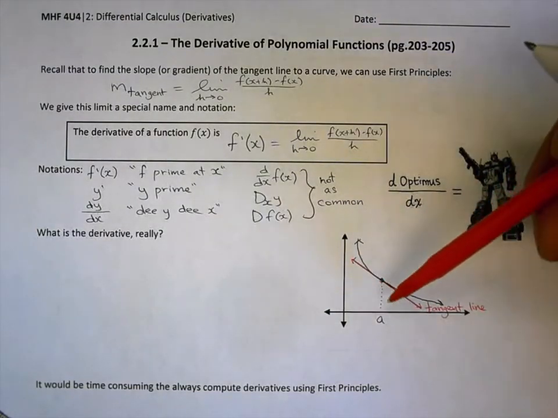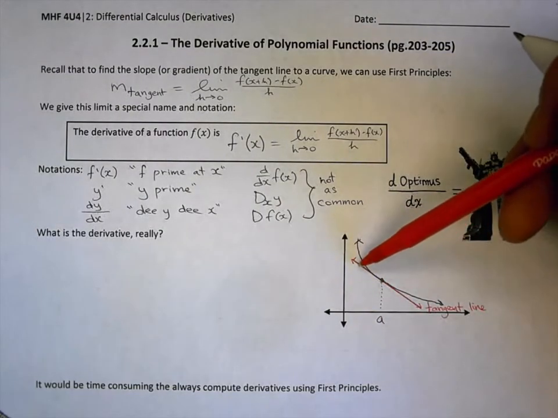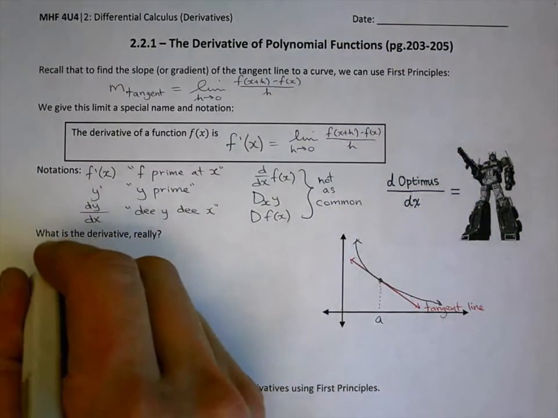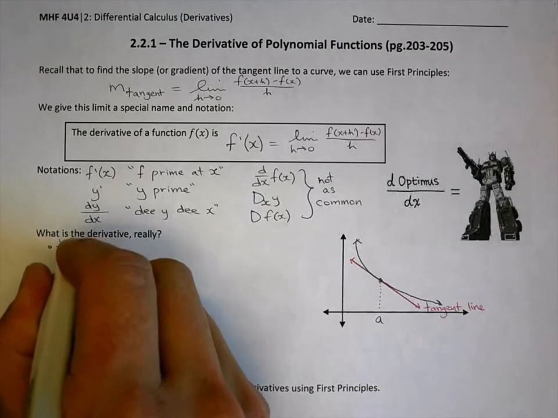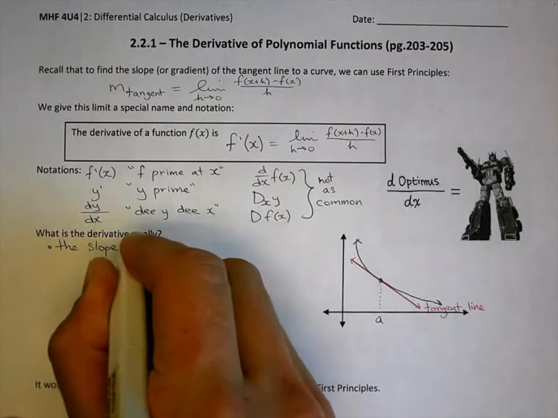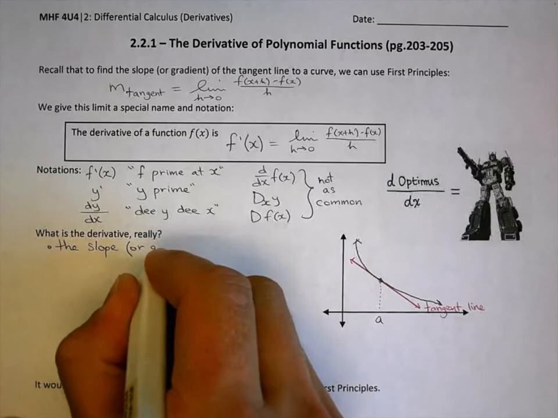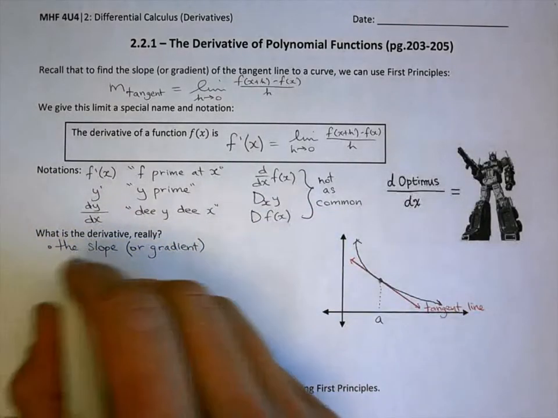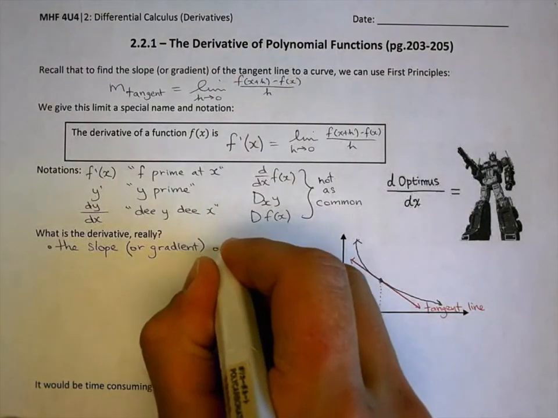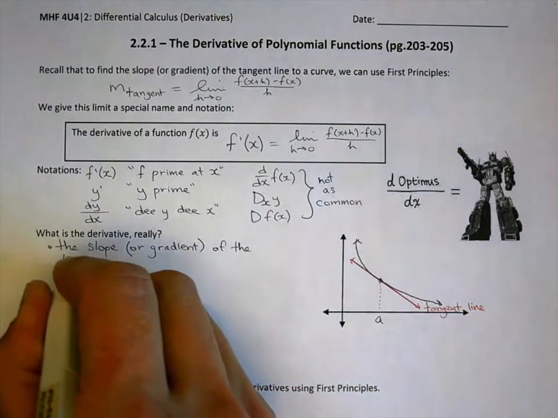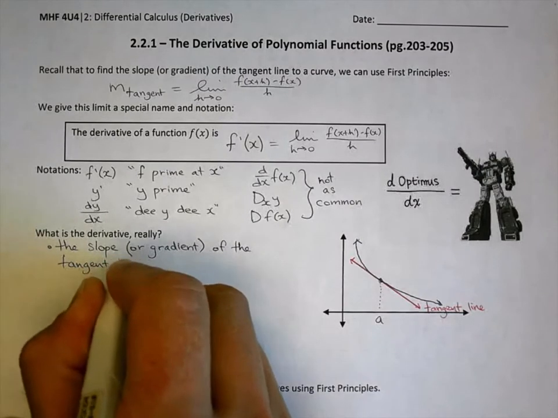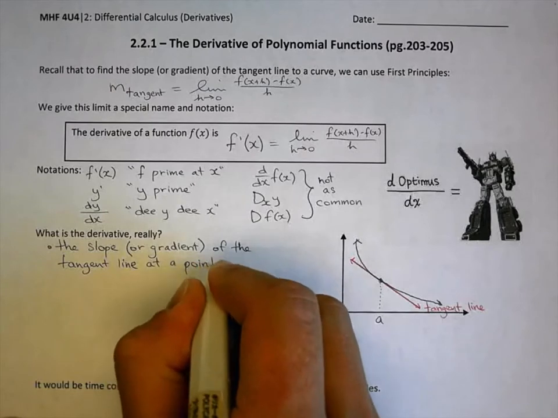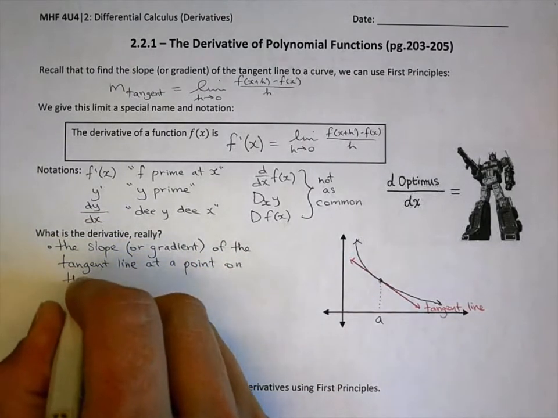The derivative at x equals a is the slope at x equals a. So let's write that out. The word gradient is a nice way of saying slope, another way of saying slope that they use in IB. So the derivative is the slope of the tangent line at a point on the curve.